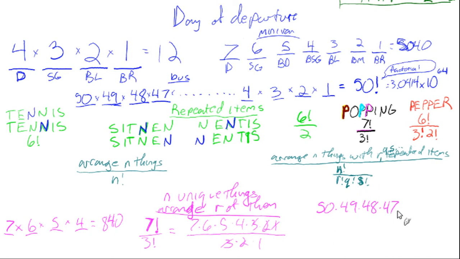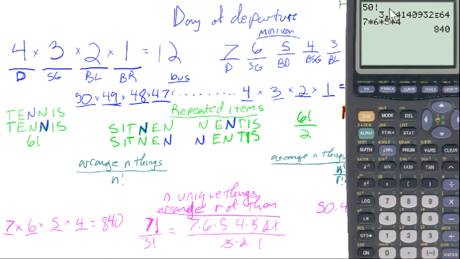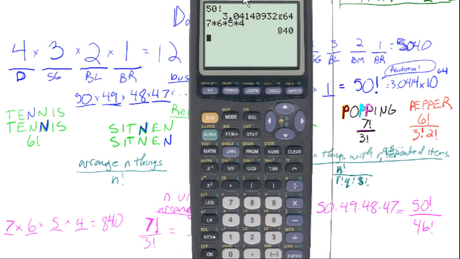So this would be the same as if we just took 50 factorial and divided off the rest that we don't want. So we'll divide it by 46 factorial. 50 factorial divided by 46 factorial. And that would give us the 50 times 49 times 48 times 47. Let's just prove it to ourselves. Let's move this over here. Okay.